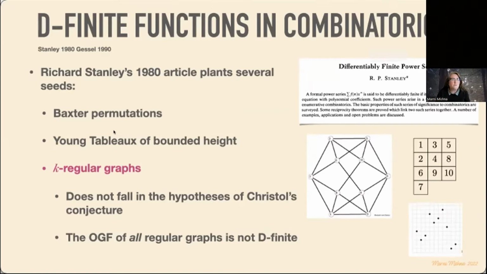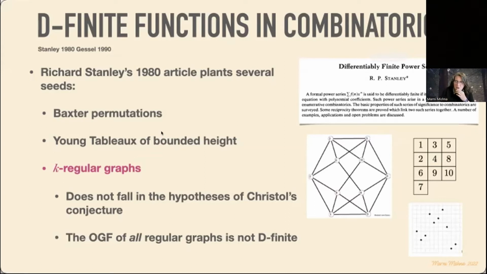Okay, so within 10 years, there was a lovely paper, one of my favorite papers, of Ira Gessel, showing that the Young tableaux of bounded height were D-finite. And also the k-regular graphs were D-finite for a fixed k. Baxter permutations were already known at that point, I believe, but trying to find a coherent theory that tries to unite some of these ideas, well, that's still rather open.